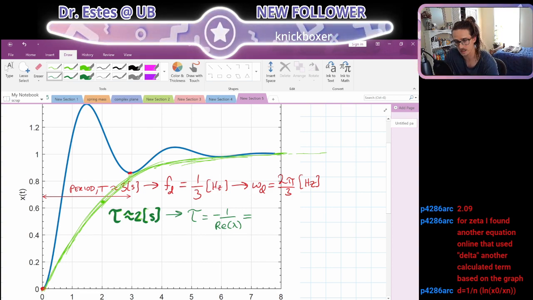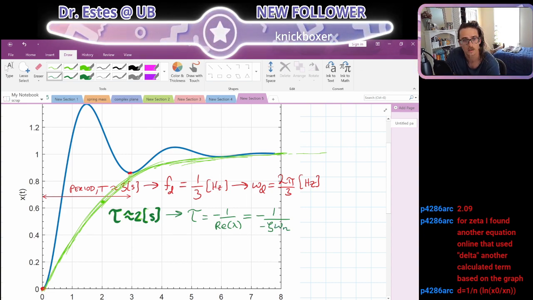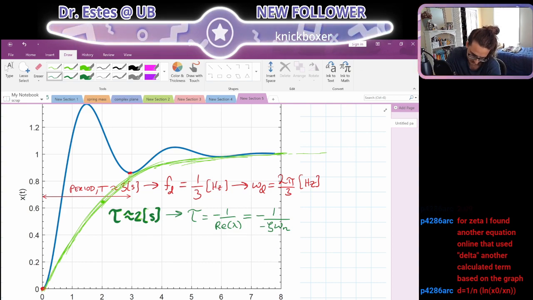So we know this is a second order underdamped system. The real part of the root is minus your damping ratio times omega n. So I know tau is equal to 2.